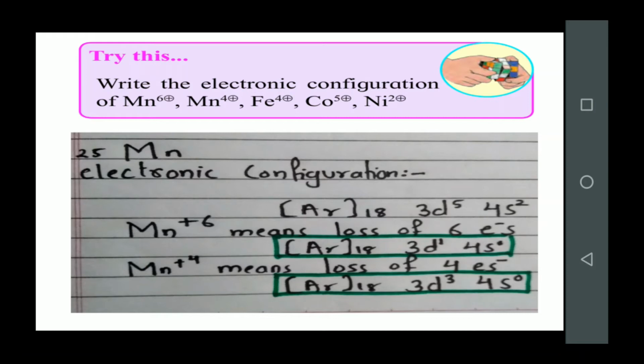Always remember, first you will remove the electron from the outermost shell, that is your fourth shell or the principal shell, whichever it is, and then you will move into the penultimate d shell, n-1 d shell, and remove the number of electrons that are required by the oxidation number of your element.